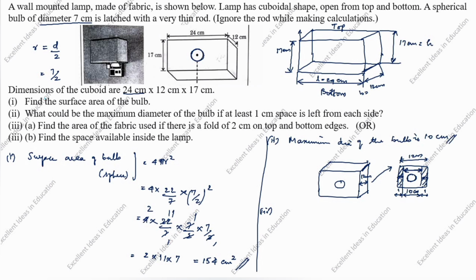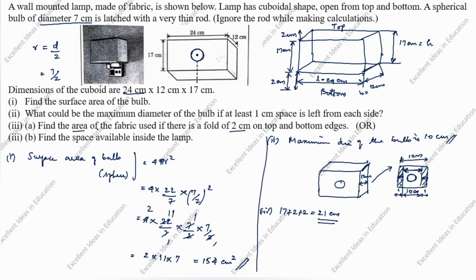You can extend this top and bottom. So distance should be, what is given? 2 centimeter. So here is 2 centimeter, here is 2 centimeter. So what could be the height now? 17 plus 2 plus 2, 21 centimeter. Now height of the cuboidal shape is 21 centimeter.